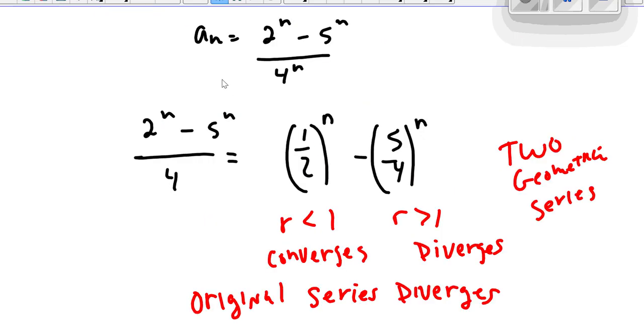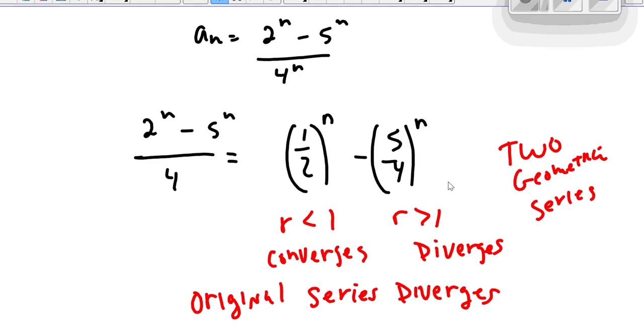My next one is the series of 2^n minus 5^n over 4^n. So what I'm going to do is divide each of these by the 4^n. So this will be (1/2)^n, and this will be (5/4)^n. I'm just separating this out into two different series. These are geometric series.